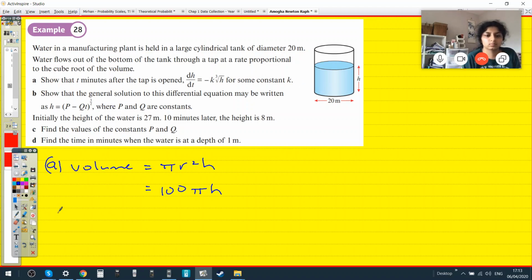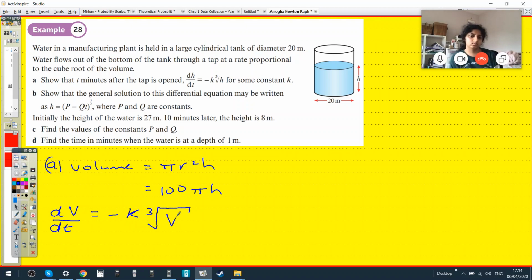So that means the change in the volume of the water with respect to time will be equal to something negative because it'll be going down, times k, the constant of proportionality, times the cube root of the volume.